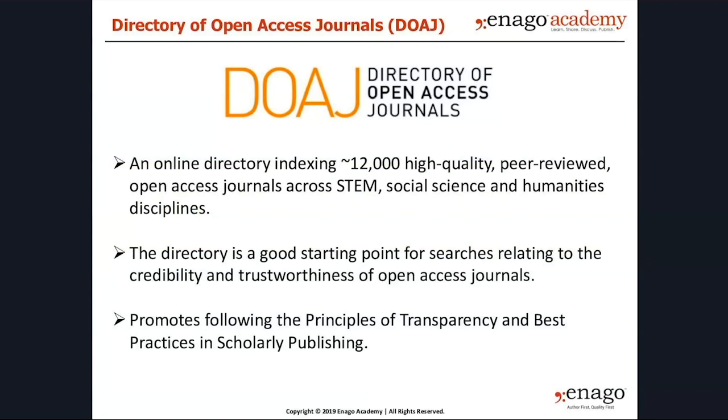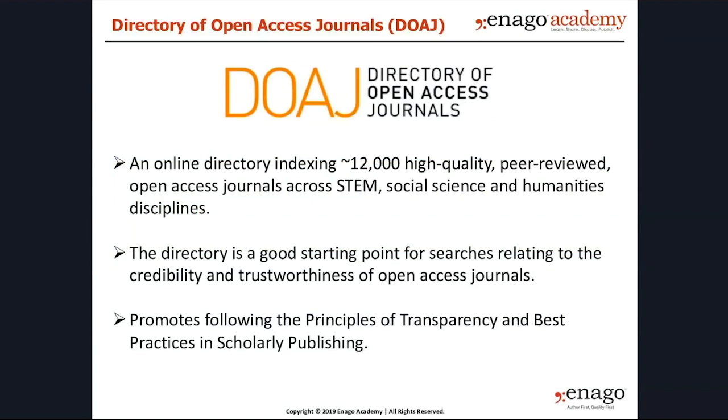So the Directory of Open Access Journals is several years old now, and it is a large database of over 12,000 journals that publish open access articles in science, technology, engineering, medicine, as well as social sciences and humanities.